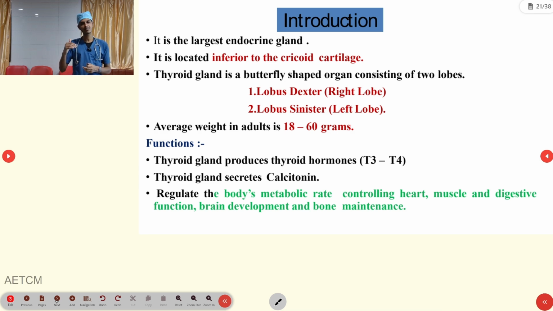The second important thing is that it regulates metabolism, meaning carbohydrate, fat and protein metabolism.